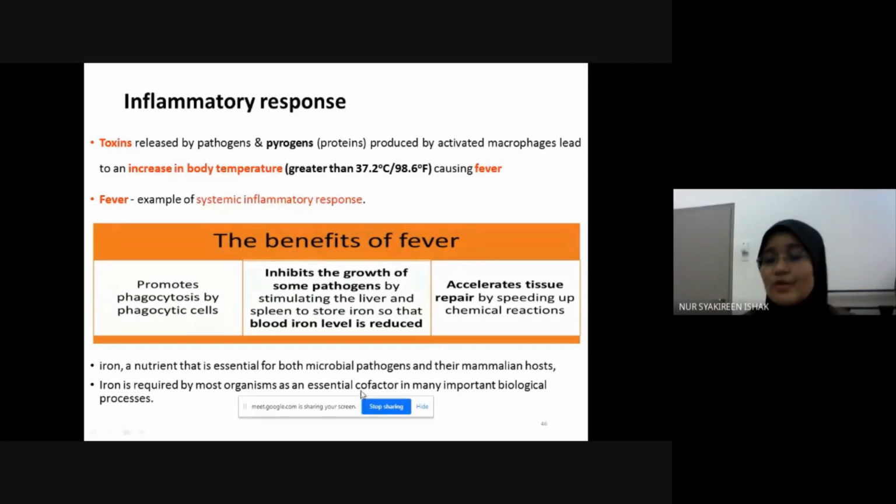Enzim perlukan cofactor kan, supaya enzim tu boleh berfungsi dengan baik. So bila iron tu kurang dalam awak punya badan, maksudnya kat sini pathogen tu akan ada kekurangan sumber untuk dapatkan iron. So sel pathogen tu tak boleh lah nak buat tindak balas biological process dengan semula. So maksudnya pathogen tu tak boleh nak survive lah sebab tak ada iron dalam badan awak. Bukan tak ada iron, kurang iron.